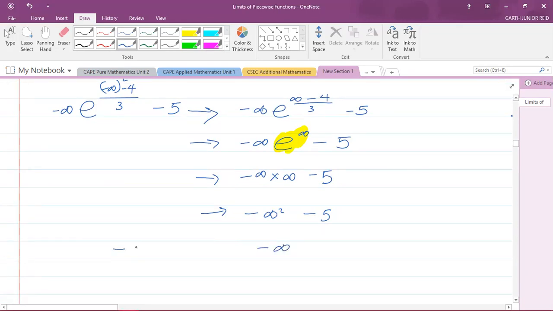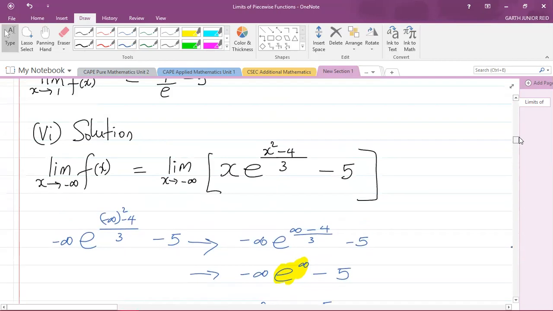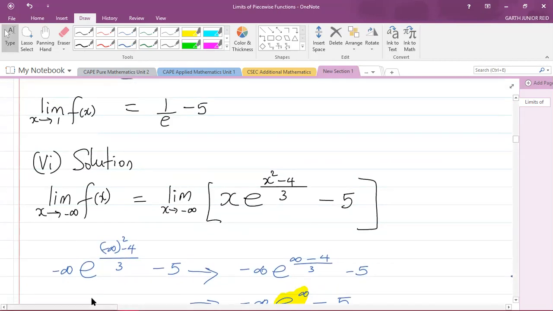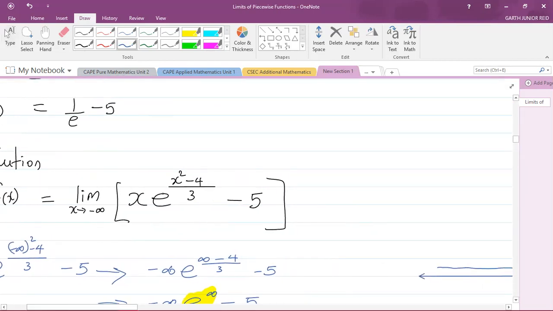So what I'm saying is that negative infinity times e to the power of negative infinity squared minus 4 over 3 is going to approach negative infinity. So this first part here in the brackets, the x e to the power of x squared minus 4 over 3, minus 5, is going to approach negative infinity.